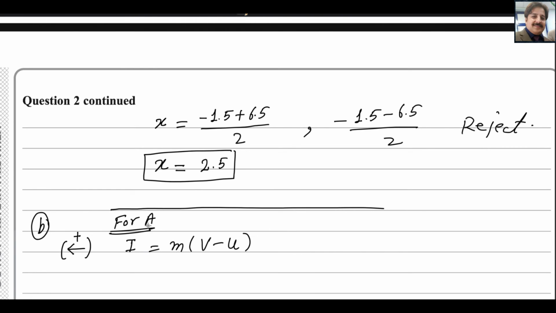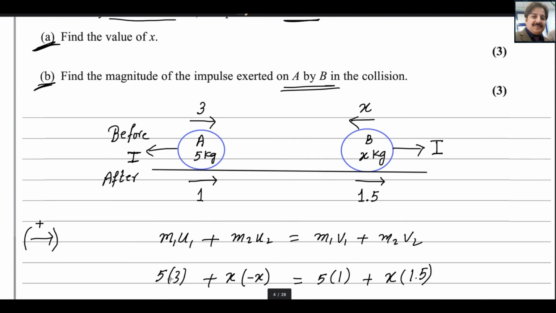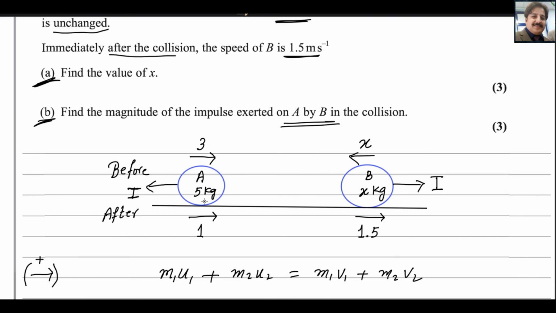For particle A, because left side is positive, I will keep a positive impulse like that. Now mass for the first particle is 5, and left side is positive. Both velocities are towards the right side, so both will be negative here.